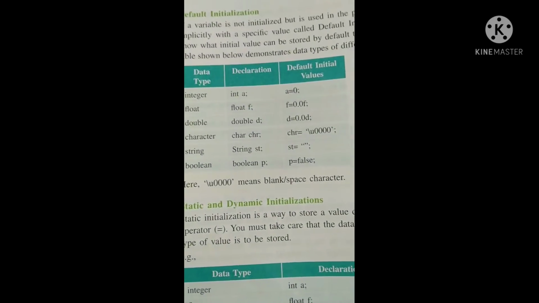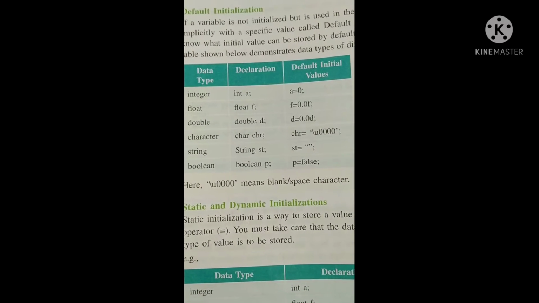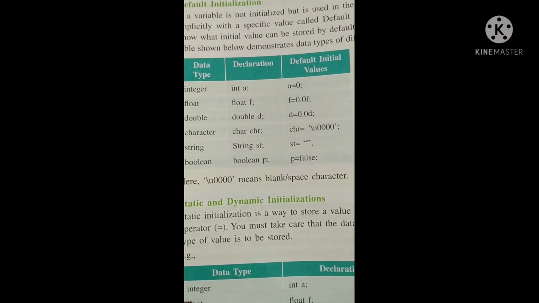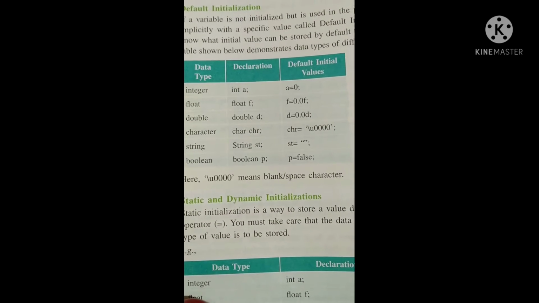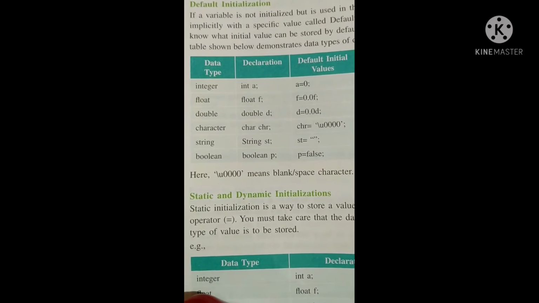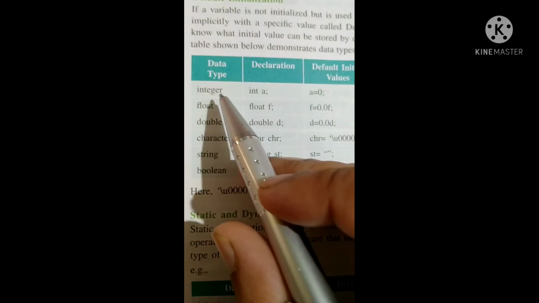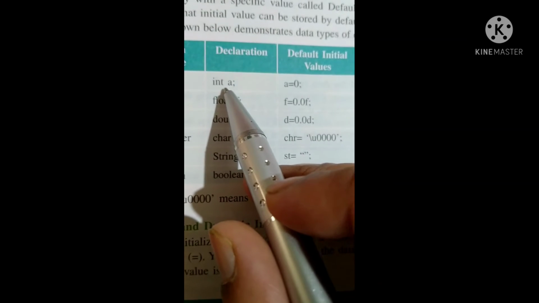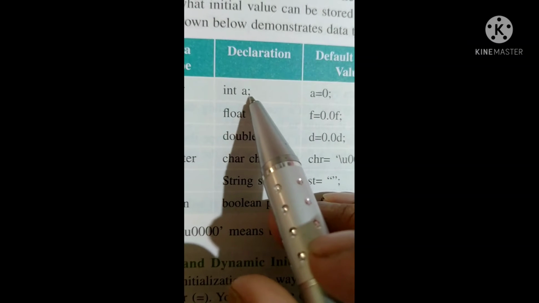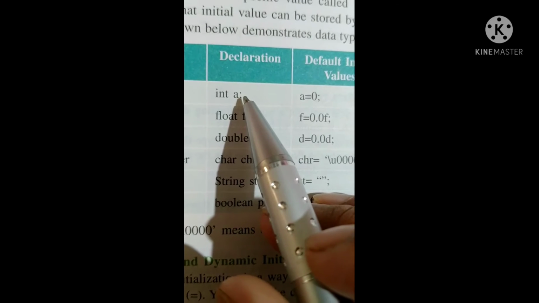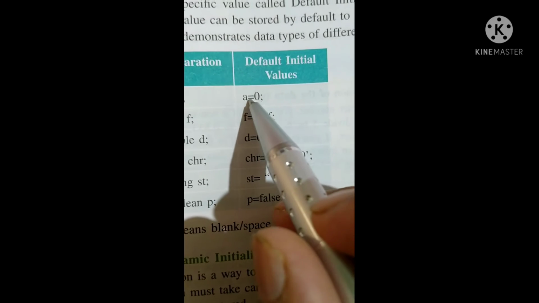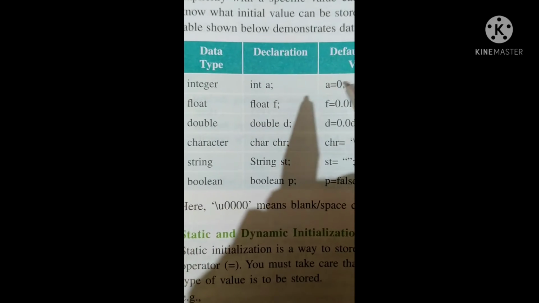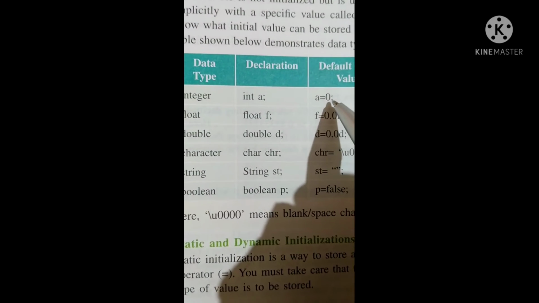The system will generate an automatic value for the variable in the memory. Here int a is taken but the value of a is not initialized, so the system will generate the default initial value a equal to 0. If anybody asks in Java what is the default value of integer, it is 0.